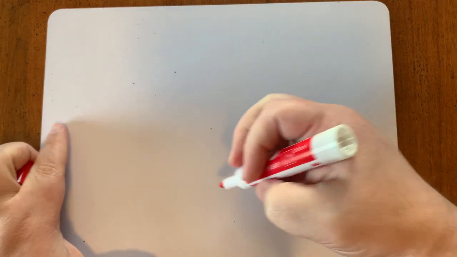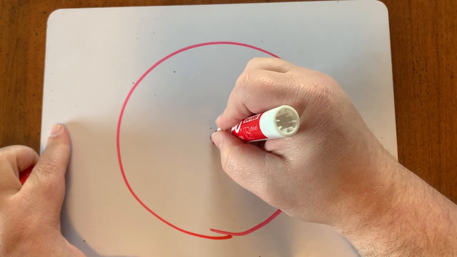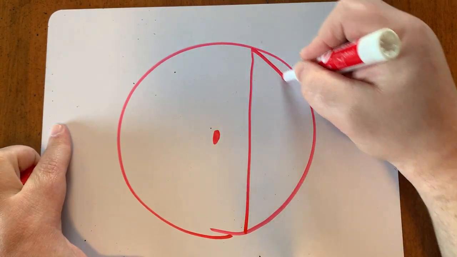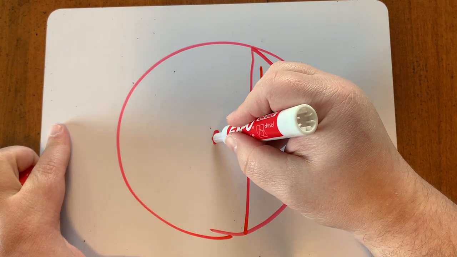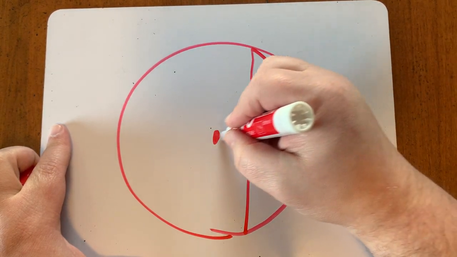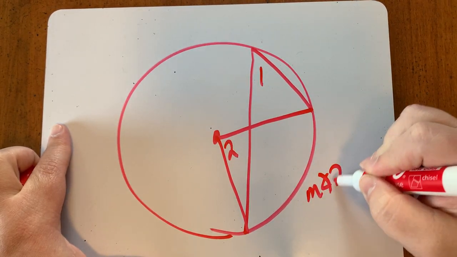and that is when the center of the circle is exterior to the inscribed angle. So something like this. It's measure of angle 1. It's 2, so that's measure of angle 2.